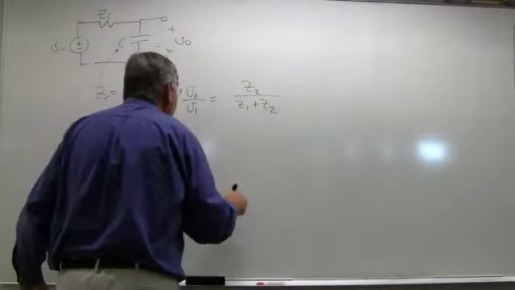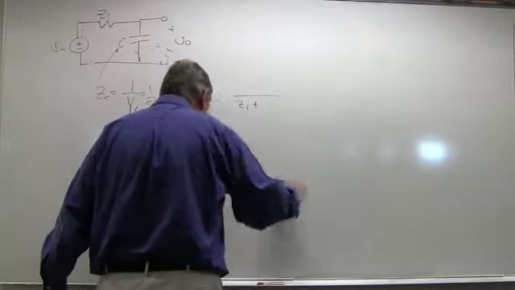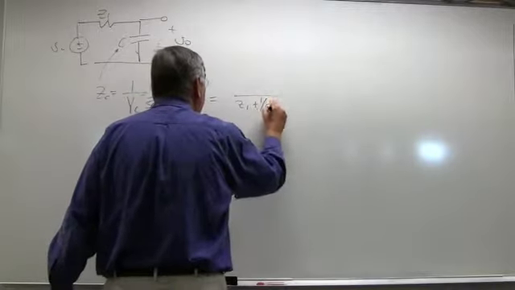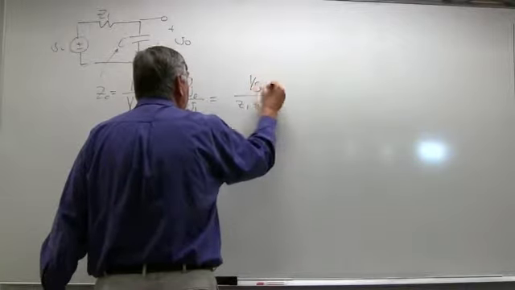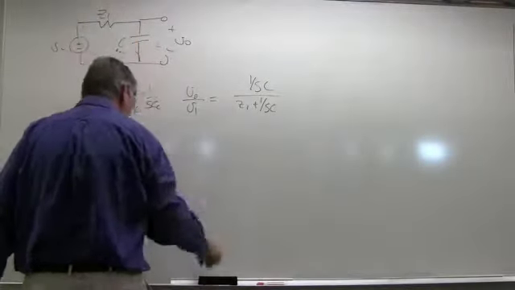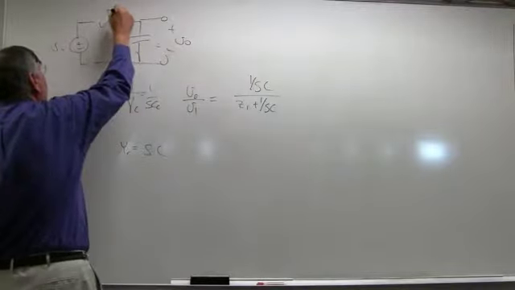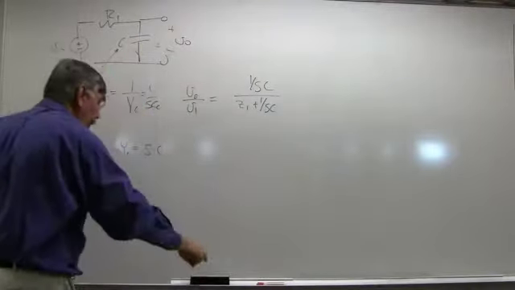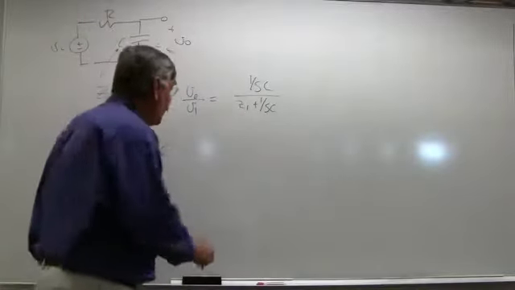So if we just plug into this where Z2 is 1 over SC, using the voltage divider formula, 1 over SC, and the impedance of this guy, let's make it be a simple resistor, call it R, then this thing forms, as we'll see, a so-called low-pass circuit.